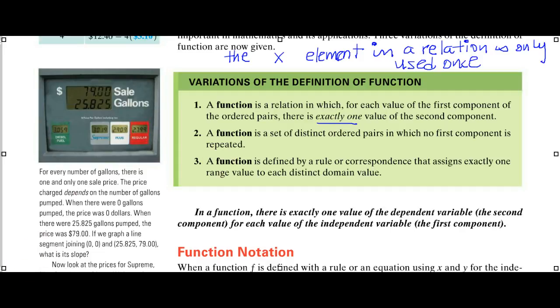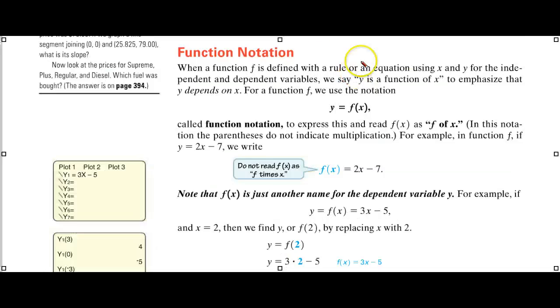Okay, let's go on to what is called function notation. So we'll use what is here.